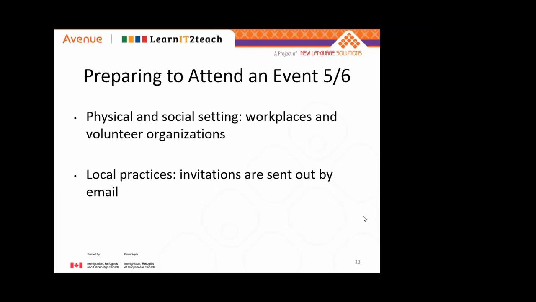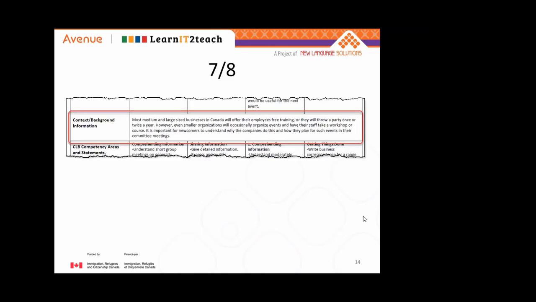Newcomers might not be sure how to respond to these kinds of messages, or they might be unsure how to prepare for such an event. One might also need to communicate with colleagues to make arrangements to attend these kinds of meetings. What level of formality is expected, and how do you prioritize between the event and other responsibilities?